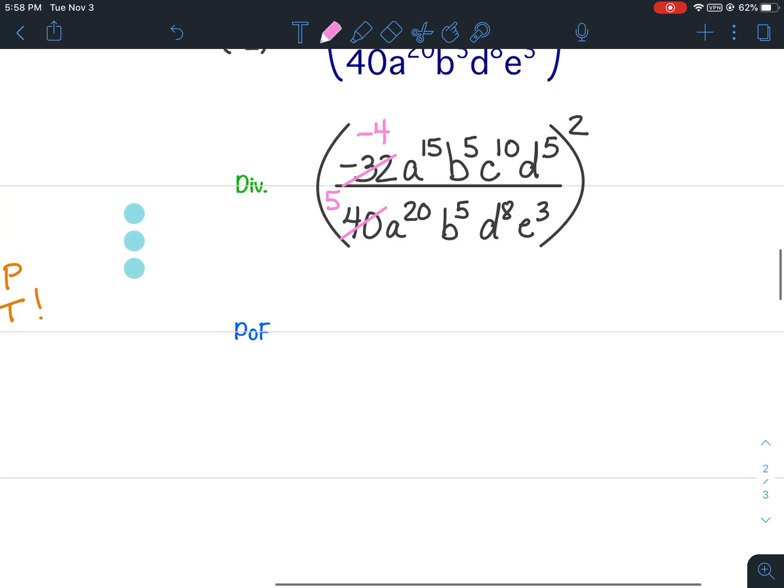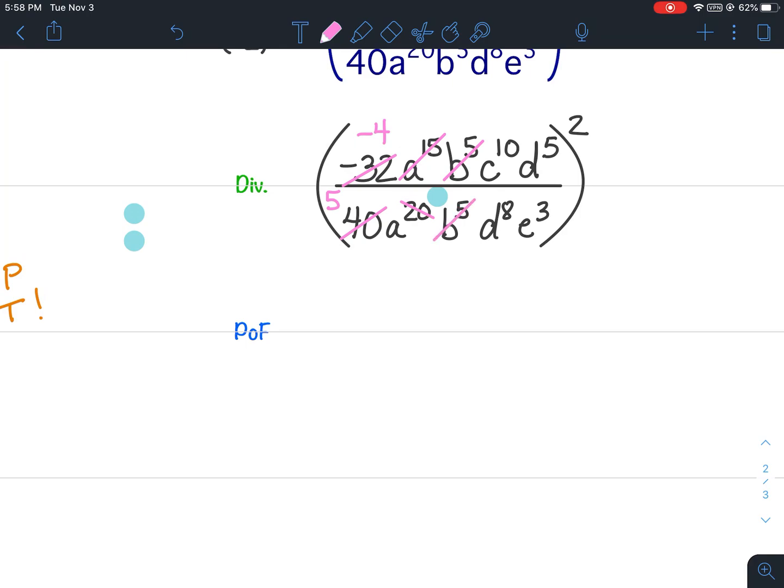Now, a to the 15th is the smaller exponent, so you'll cross out the 20 and subtract to find the new exponent. We've got b to the 5th in the numerator and b to the 5th in the denominator, so they will just cancel out completely.